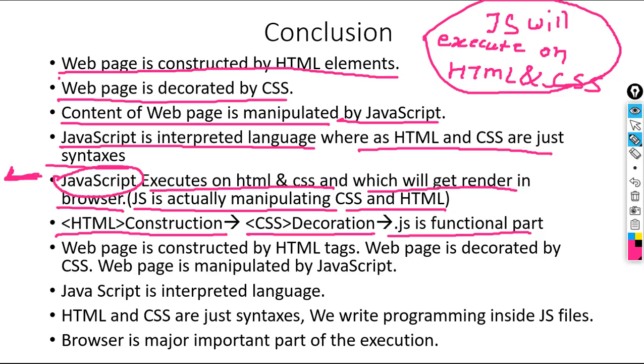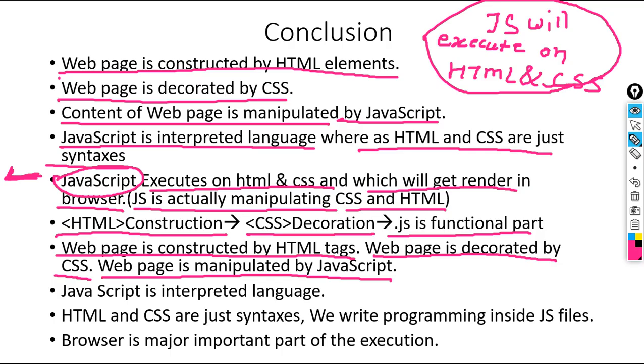So the web page is constructed by HTML tags, decorated by CSS, and manipulated by JavaScript. Correct? Why is the web page manipulated by JavaScript? Because JavaScript will execute on HTML and CSS, and that will get rendered in the browser.